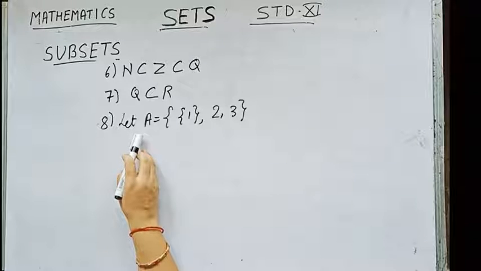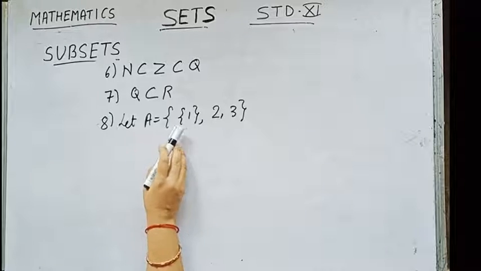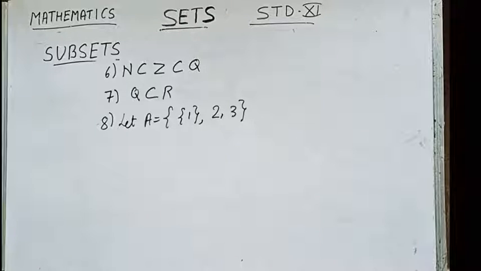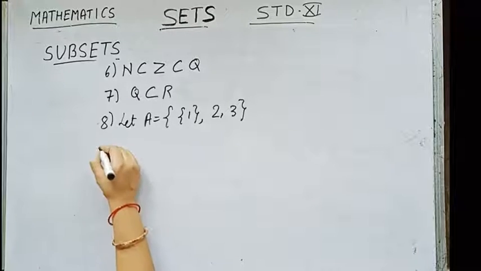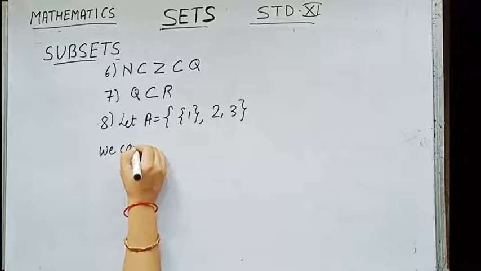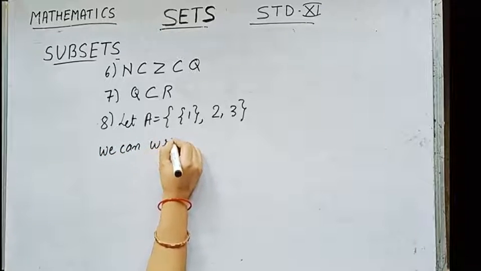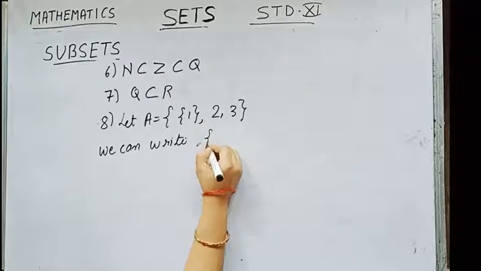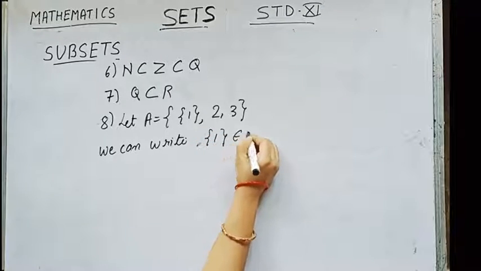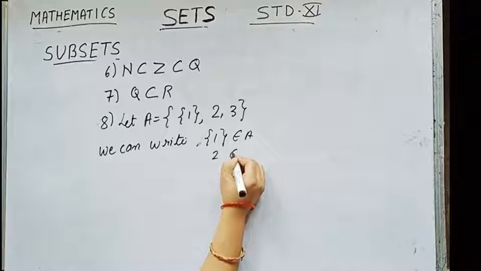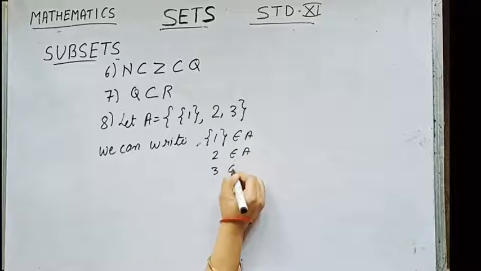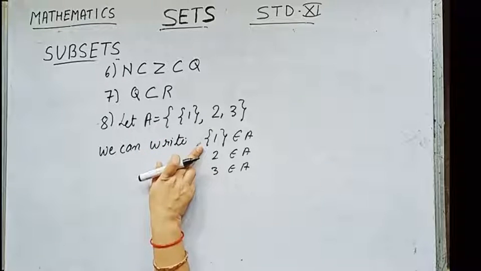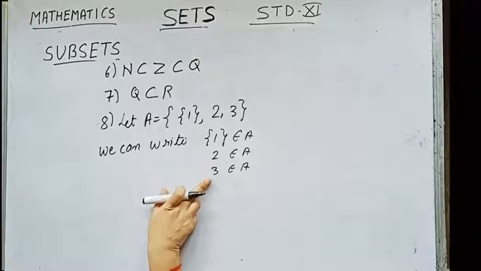Suppose set A is equal to the set containing the elements 1, 2 and 3. So here children, we can write: the set containing 1 belongs to A, the set containing 2 belongs to A and the set containing 3 belongs to A. That is, the three elements of the set A are the sets containing 1, 2 and 3.